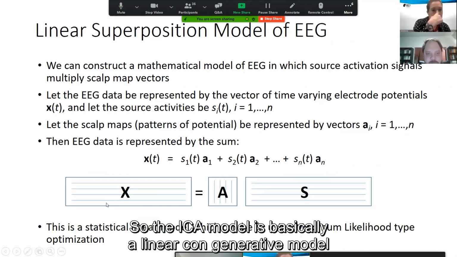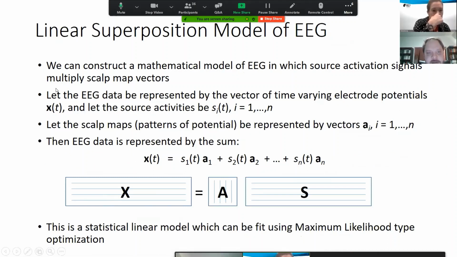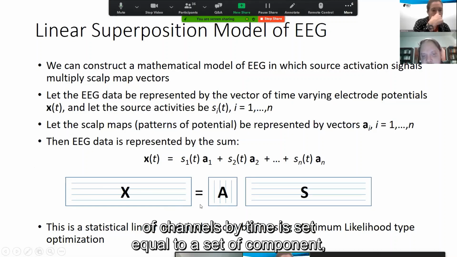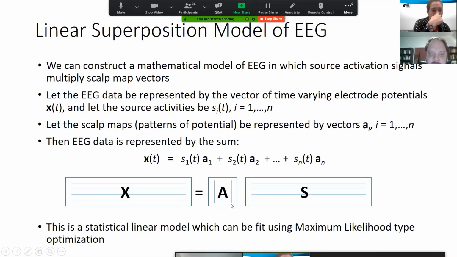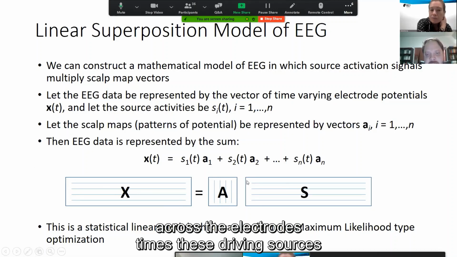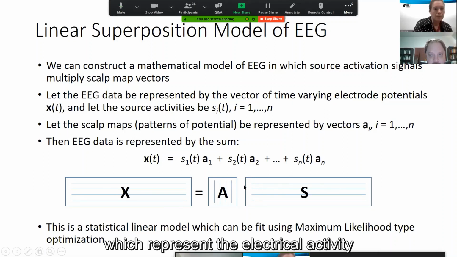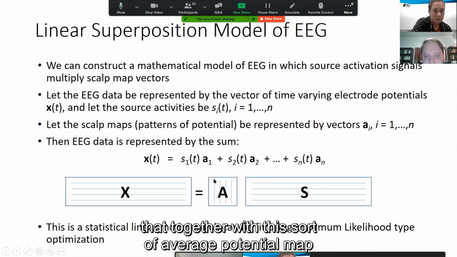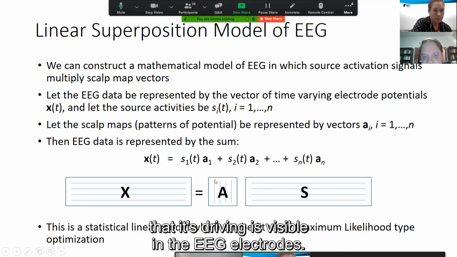So the ICA model is basically a linear generative model of EEG, where the EEG data here, this matrix of channels by time, is set equal to a set of what are called component maps, or average potential patterns across the electrodes, times these driving sources, which represent the electrical activity that, together with this average potential map that it's driving, is visible in the EEG electrodes.